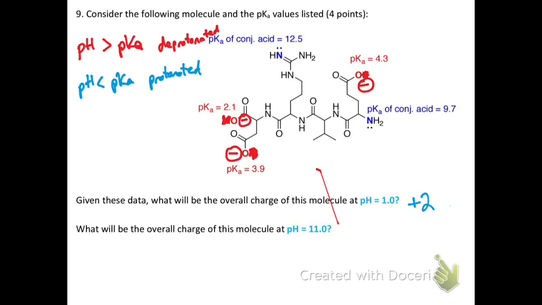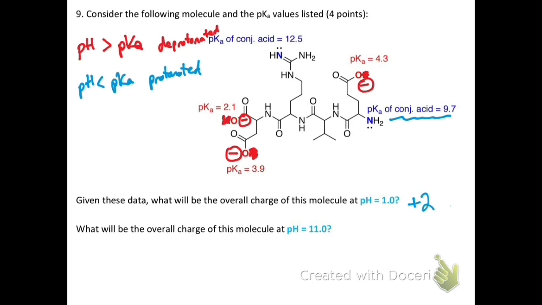Now then, looking at the amines. In terms of this one right here, we have a pKa of the conjugate acid of 9.7. So at 11, the pH is greater than the pKa, which means this will be deprotonated. So it would exist with that lone pair there.